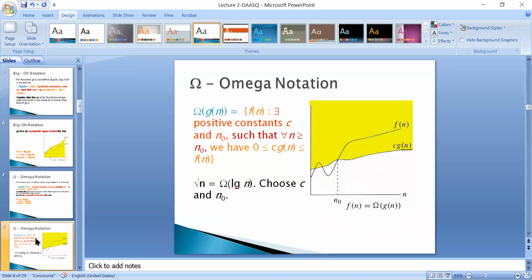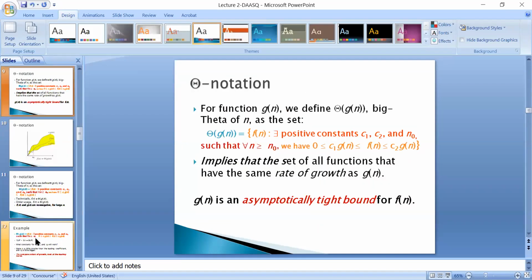So we have to choose this C and N0, which will determine for sure that for this constant greater than 0 and for N0, this equation will be true always. Okay. Now comes the theta notation. You'll see a lot of theta notation being used.